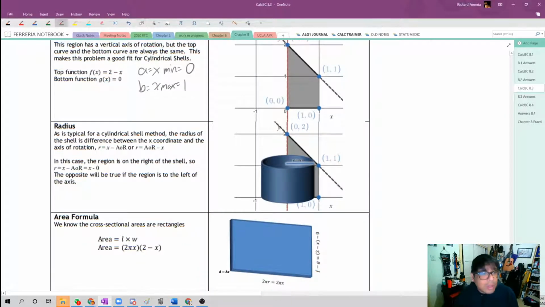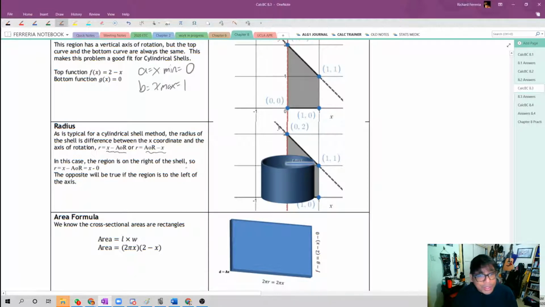Radius. Well, as is typical for the cylindrical shell method, the radius of the shell is the difference between the x coordinate and the axis of rotation. So it's always going to be x minus the axis of rotation for a vertical axis of rotation.